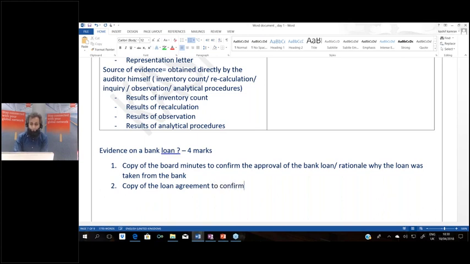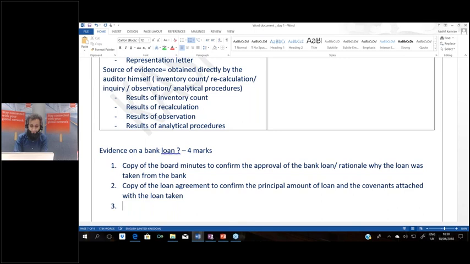To confirm the principal amount of loan and the covenants attached with the loan taken.